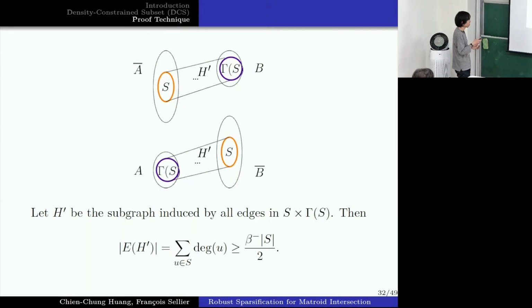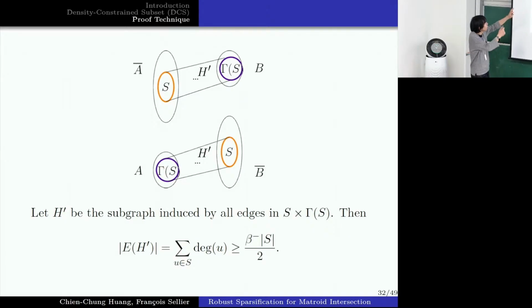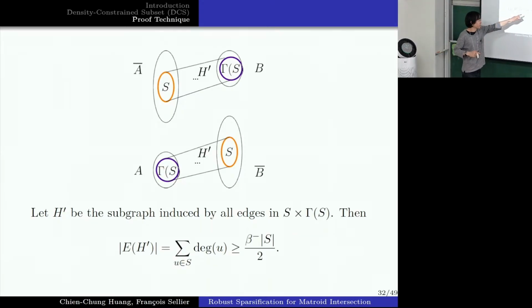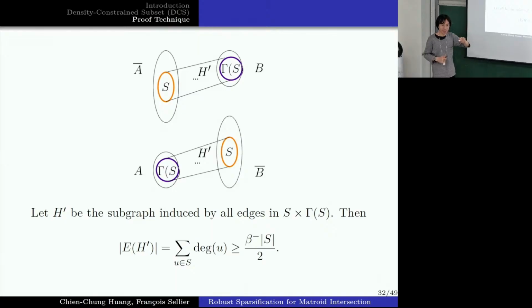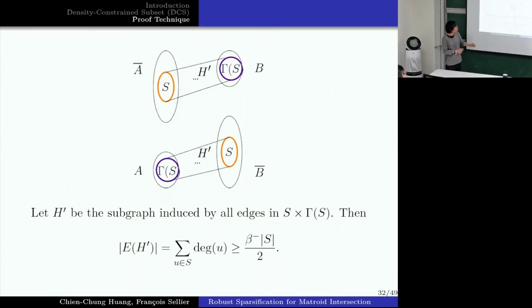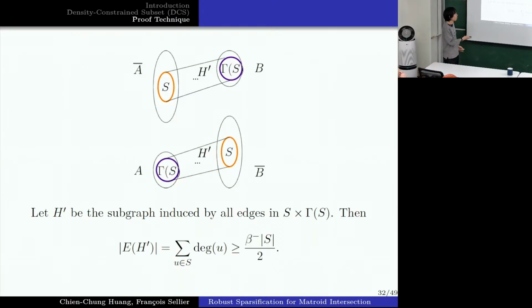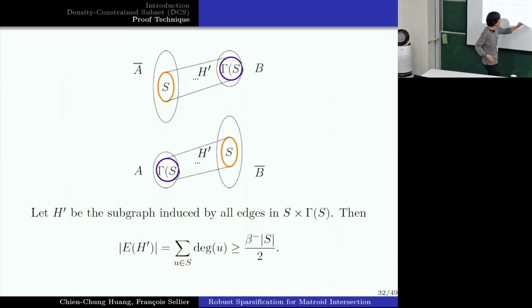So that's one thing. Okay, so now let's define H prime as a subgraph of H. The subgraph is induced by all the edges of S. Here I should write there's an H here.